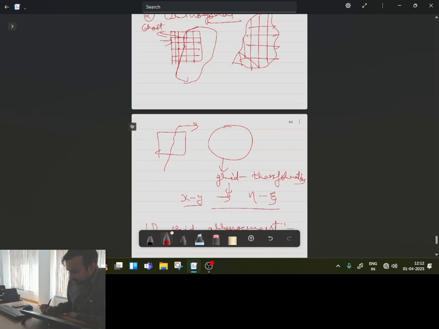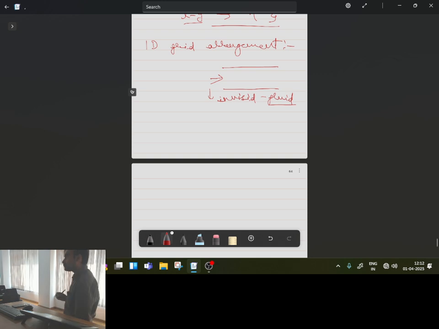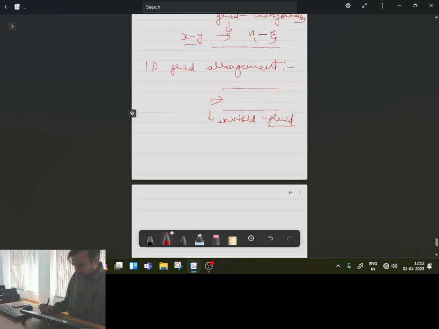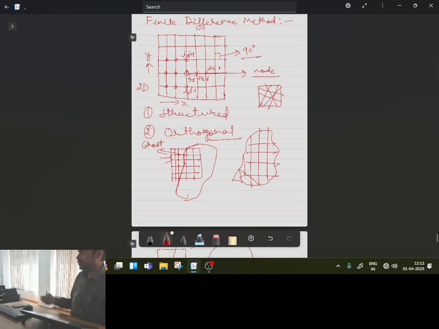In the scenarios where my phenomena is mostly taking place in a single direction. For example, if you consider that you have a pipe and in this pipe a viscous fluid is flowing. Okay, so what will happen? We can take at any location. This is arbitrary choice. Okay.